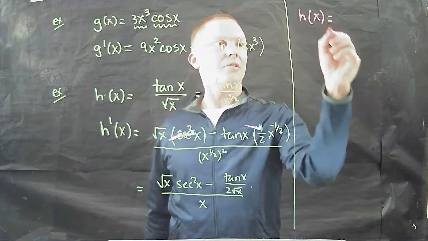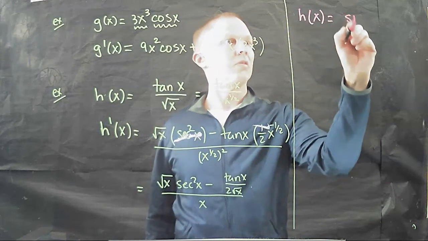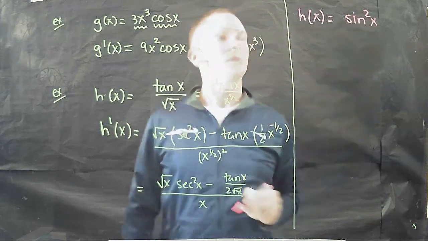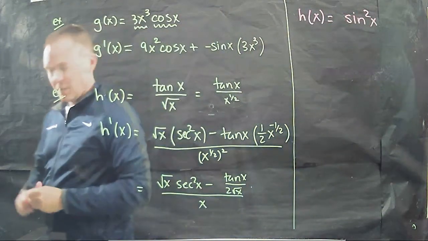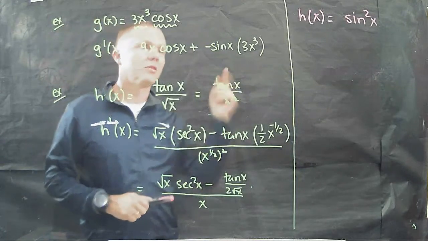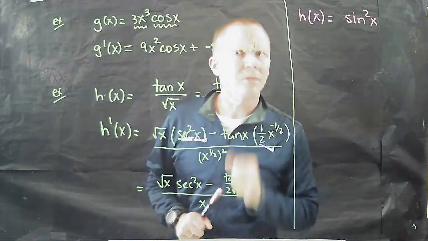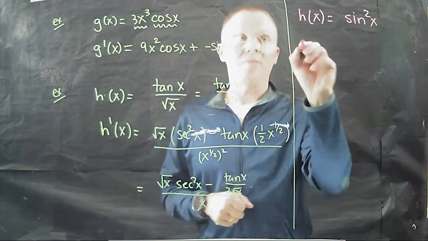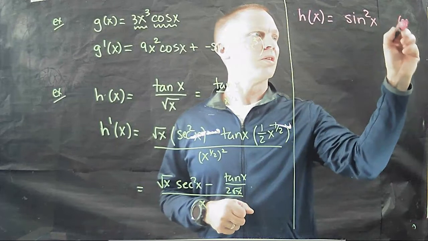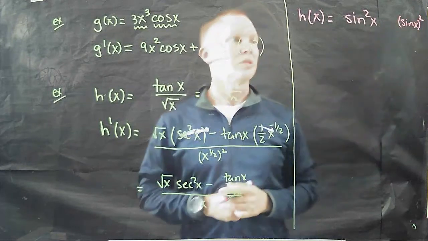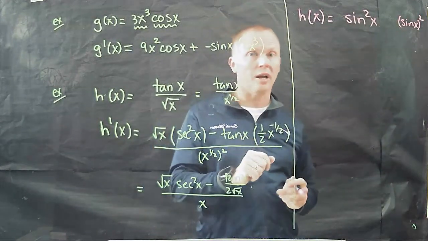How about this? This is one of my favorites. Sine squared of x. Find me the derivative of that baby. Okay? Now you might be tempted to think of sine of x like this. And that is true. Okay?